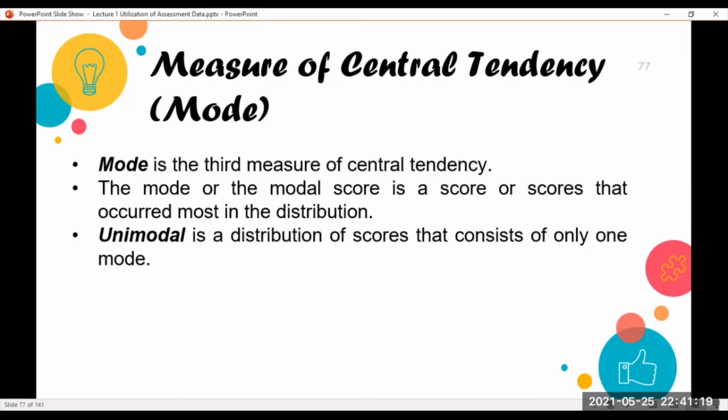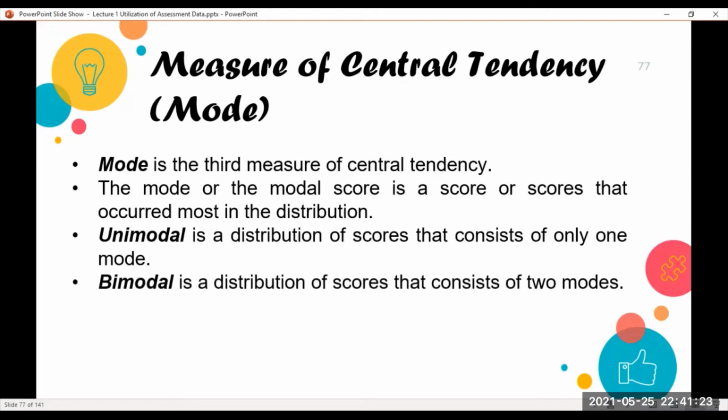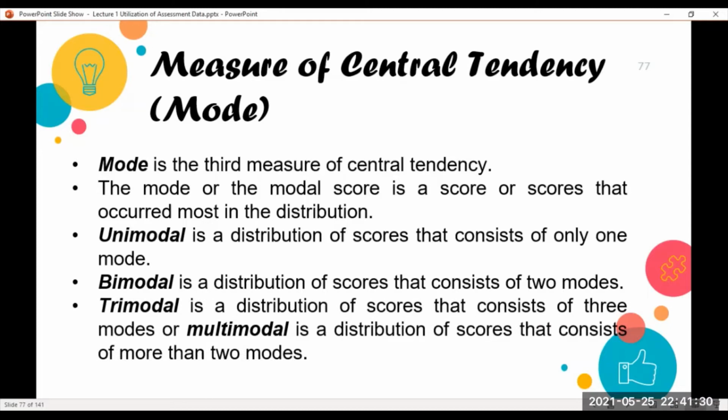So we see only one score. Uni means single, one. When we say bi, therefore you have two, so a distribution of scores that consists of two modes. And then trimodal is a distribution of scores that consists of three modes. Okay, and then of course multimodal is more than three modes. So you can actually get that.